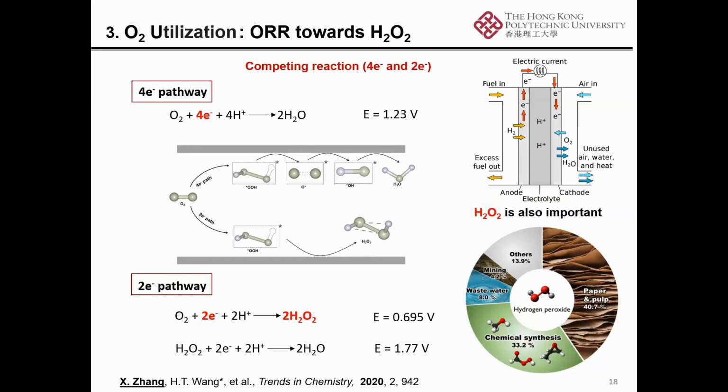In some industries, hydrogen peroxide vapor is used to disinfect N95 masks. When COVID-19 started, the need for hydrogen peroxide greatly increased. So we want to use an electrochemical approach to produce hydrogen peroxide.